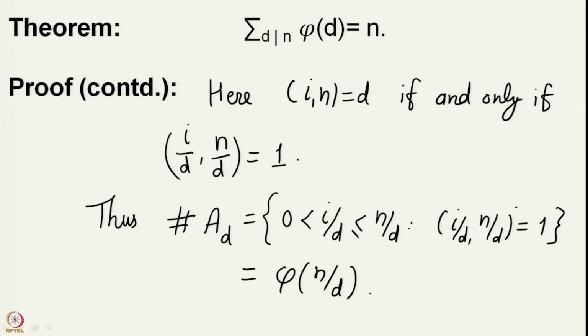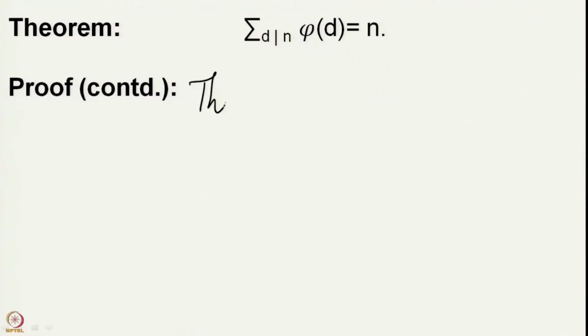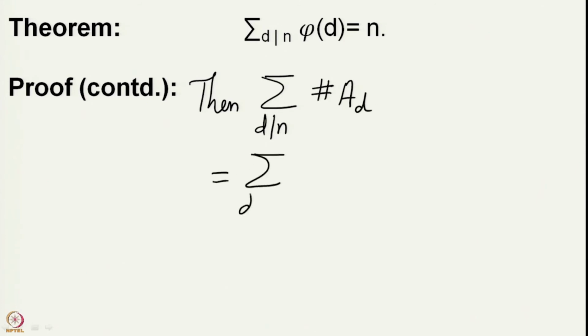So, each A_d has cardinality Euler phi function of n by d, the corresponding divisor of n. Therefore, when we write this final thing down, summation over d dividing n of the cardinality of A_d is summation over d dividing n of phi of n by d, and we have already seen this to be equal to n.